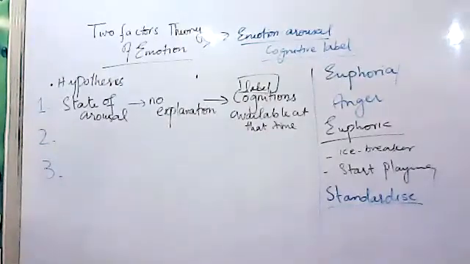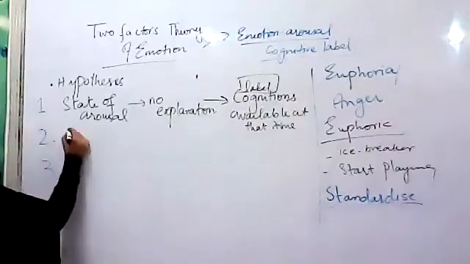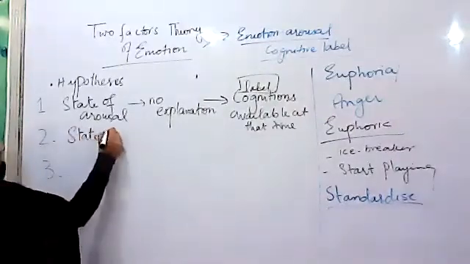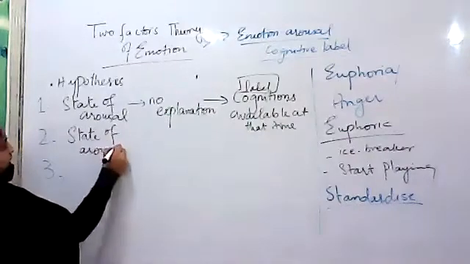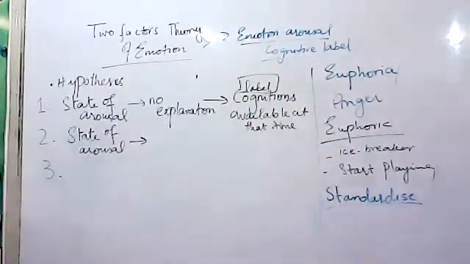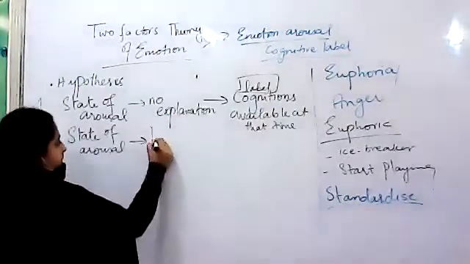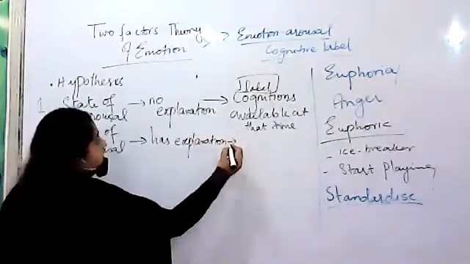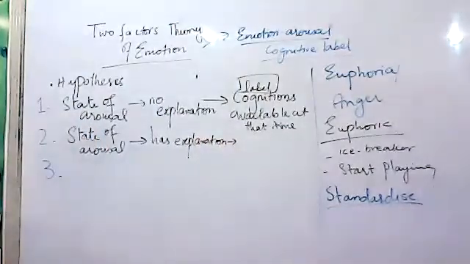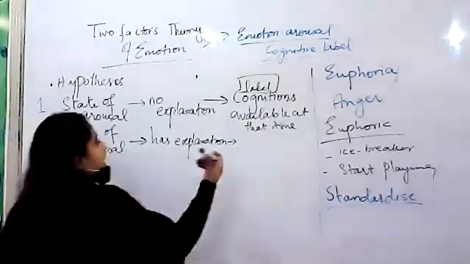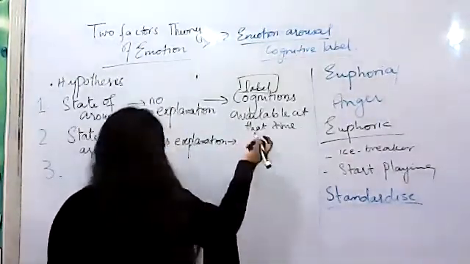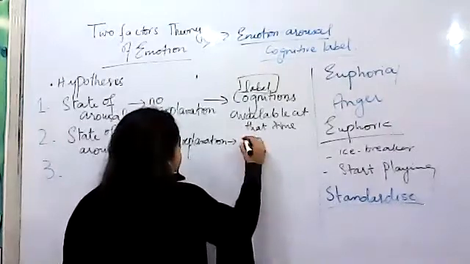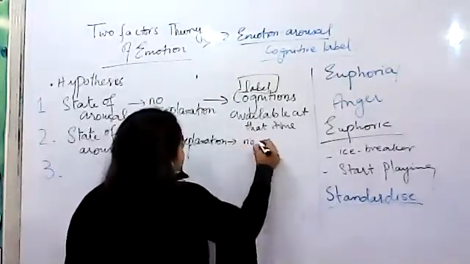Then the second thing they have explained is when a person has a state of arousal for which he has an explanation. Like we know whatever we are feeling, what the reason behind those feelings is. So you don't have an alternate explanation, and you will say the same as it's been explained to you.